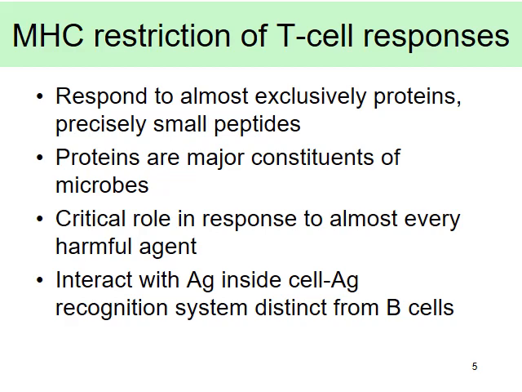There is no MHC restriction for B cell responses. So these are the types of concept questions that you may wonder what I'm going to ask you. There's no MHC restriction for B cells. There is MHC restriction for T cells. The reason is that T cells exclusively respond to protein and small peptides.